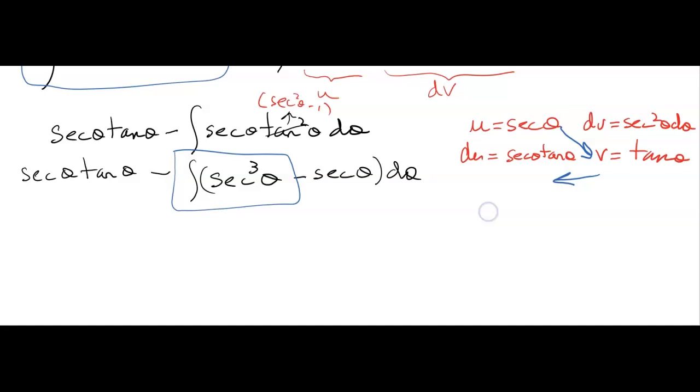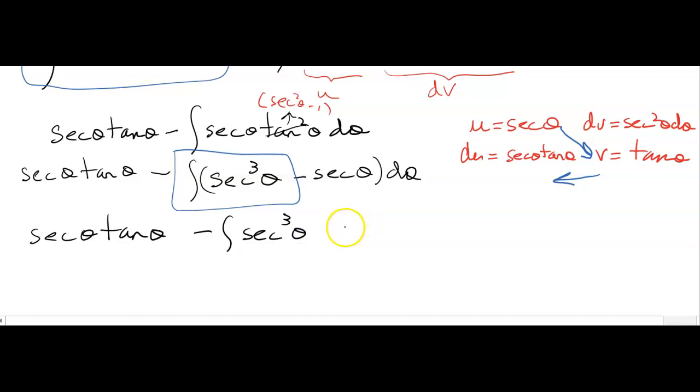Let me show you. Let me break this integral up first. It'll make it a little bit easier to see. Meaning I'm going to turn this into secant cubed theta plus integral of secant theta d theta.